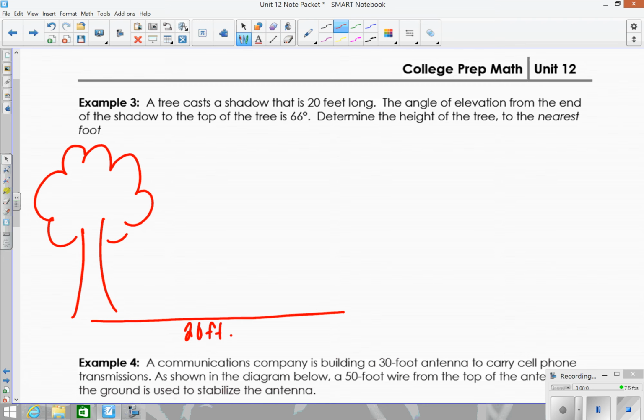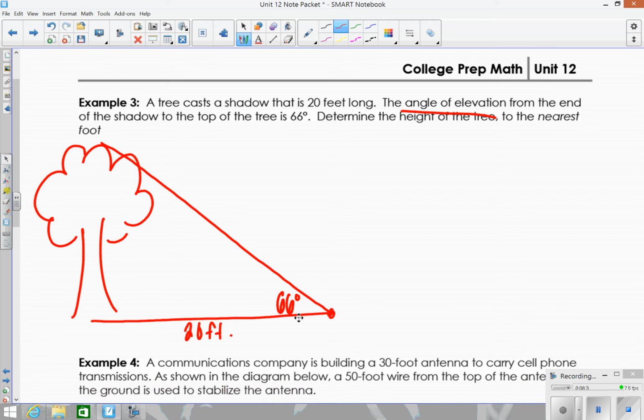And the angle of elevation from the end of the shadow, so down here, to the top of the tree, so the very top down to this, is going to be 66 degrees. Because remember, angle of elevation means from the horizontal line, or the horizon, up to the top of the tree, so going upward, because elevation is 66 degrees.